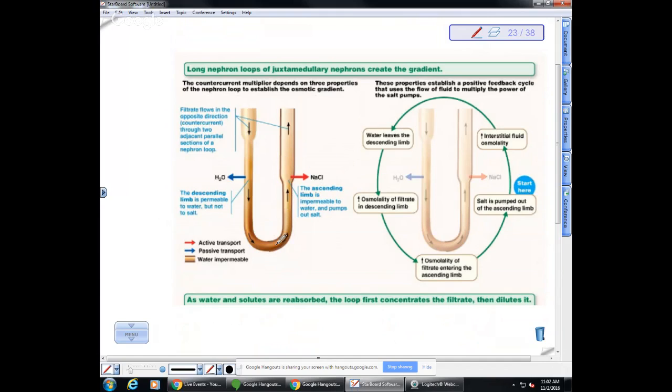So it's really important that the ascending limb is not permeable to water. And so salt gets pumped out, and then that sets up this concentration difference in the medulla. They call it a positive feedback mechanism that helps to maintain that difference. This would only be really important in the juxtamedullary nephrons, where the nephrons extend down into the medulla.